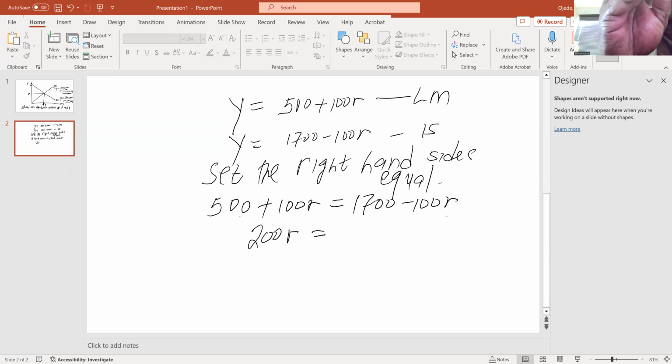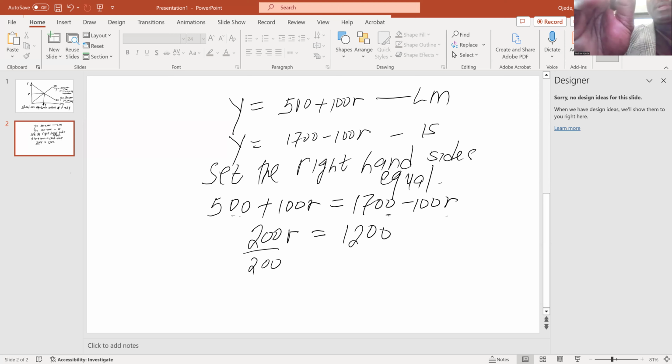Then I subtract 500 from both sides, so the right-hand side remains with 1200. Now to solve for R, I divide both sides by 200. These cancel, see? So the short-run equilibrium interest rate is 6%.